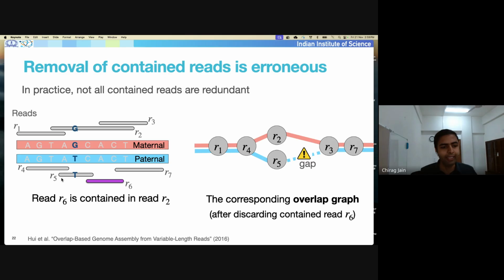Previously read R6 was connecting reads R5 and R7, but now when we remove it, there is no connection left to spell out the walk from read R5 to R7. So in other words, there is no walk in this graph which spells the paternal sequence. You still have a walk which spells the maternal sequence, but the walk spelling the paternal sequence is lost.